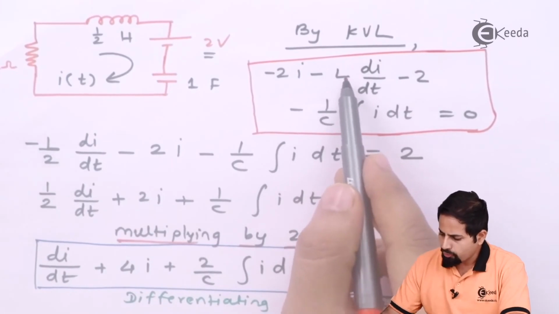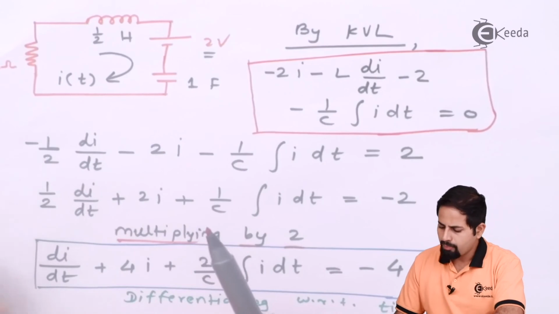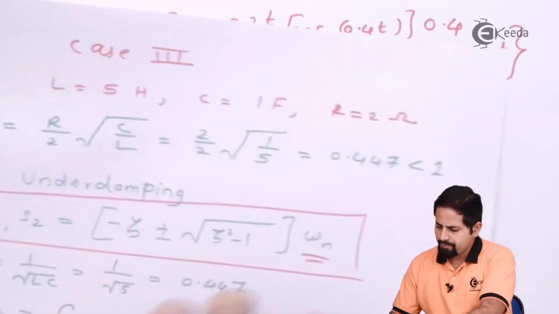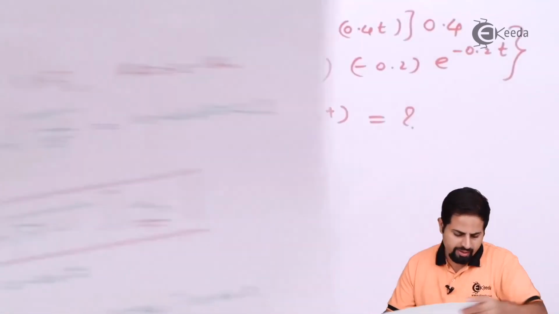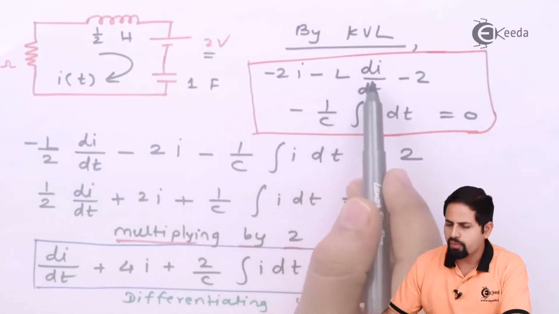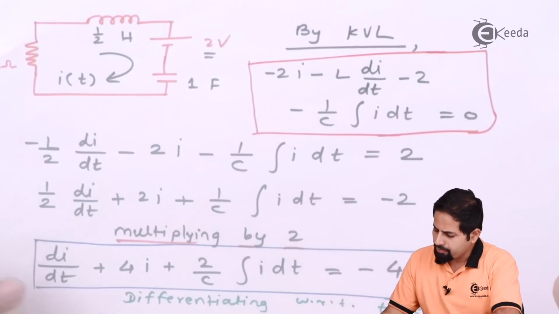In case 1 we put the value of L equal to 0.5, or 1 by 2, but here the value of L in case number 3 is given as 5 Henry, and the capacitance is 1 farad, it is the same. So instead of L it will be 5 into di by dt. Rest all the things will be the same.